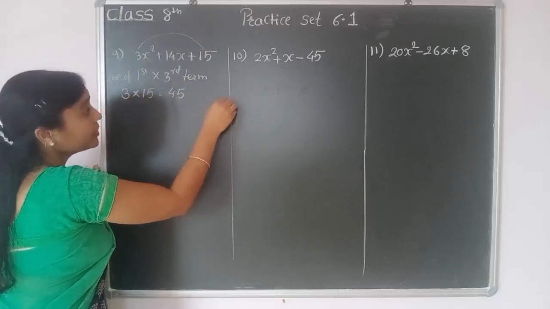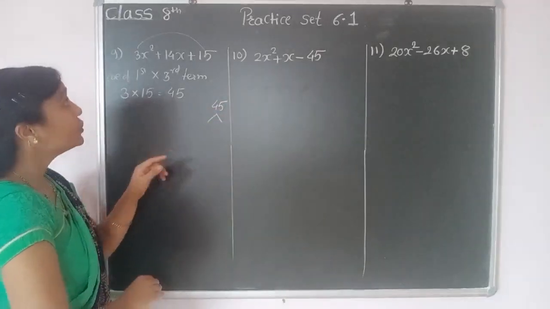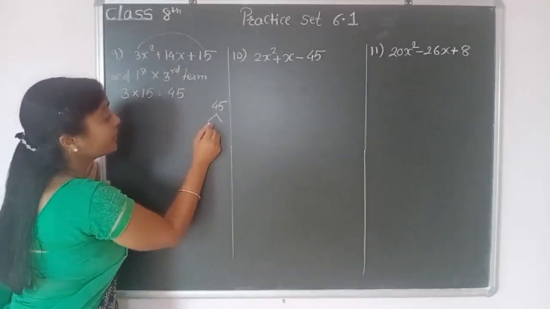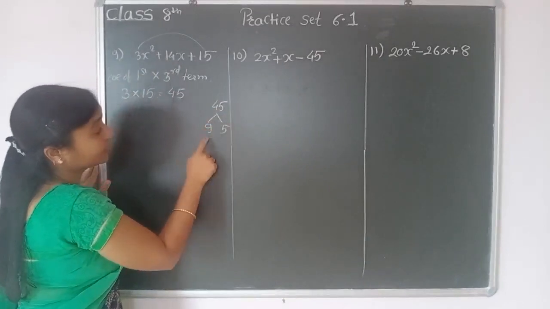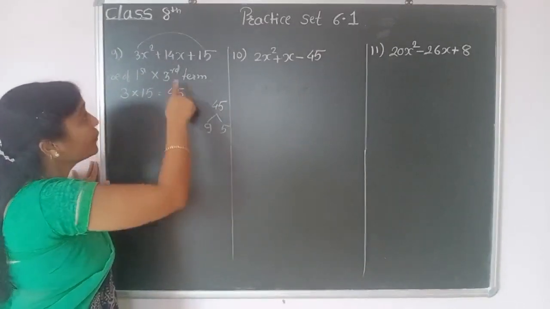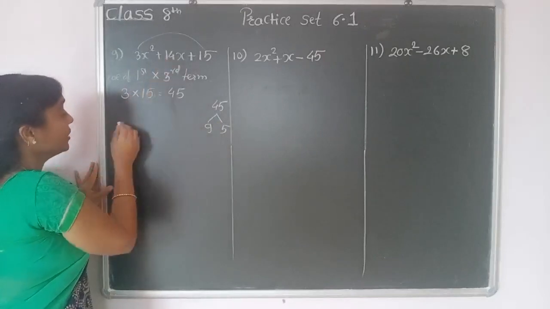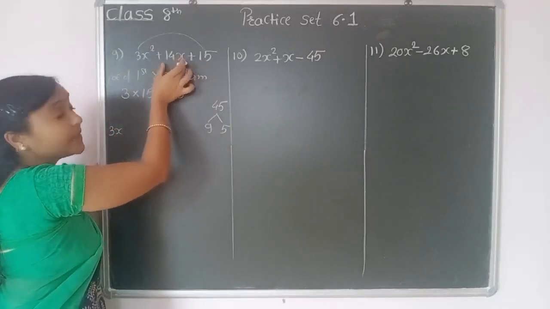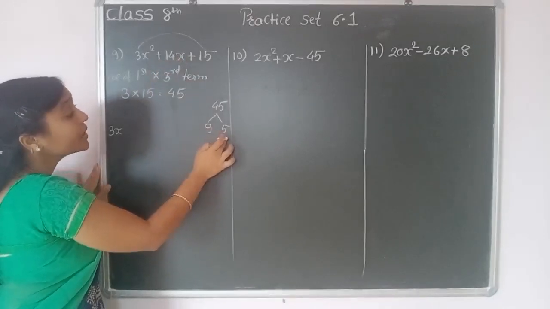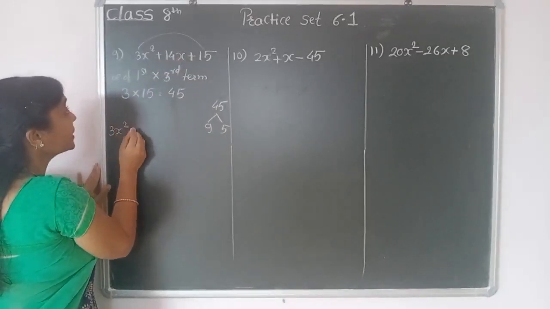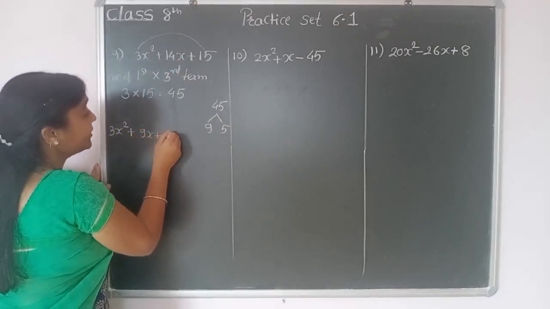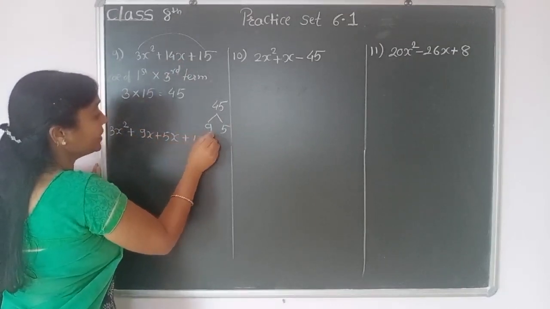Then we find out the factors of 45 whose sum is 14. So 9 5s are 45. 9 plus 5, 14. Now you write down the quadratic trinomial and split the middle term in the form of these factors. 3x square plus 9x plus 5x plus 15.